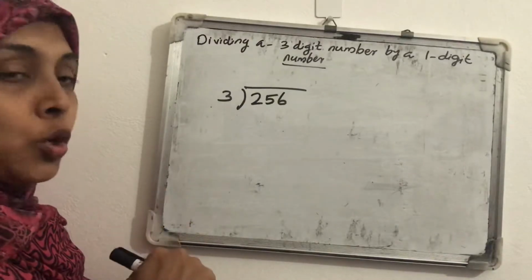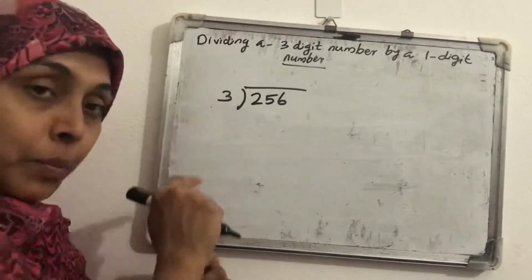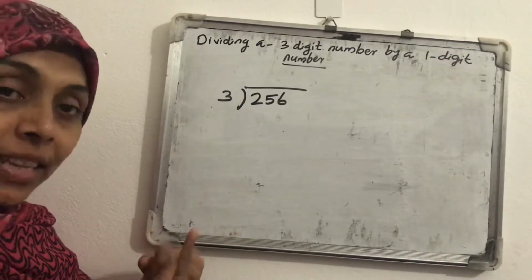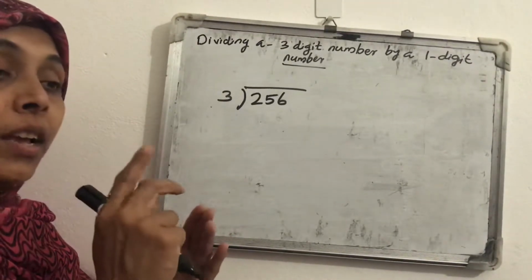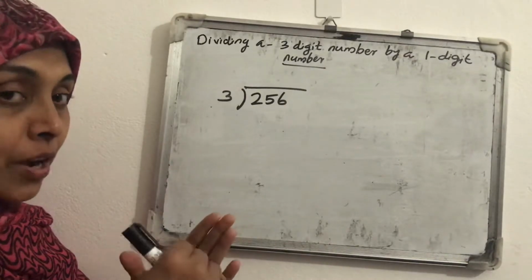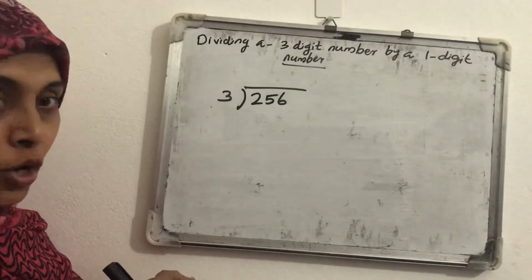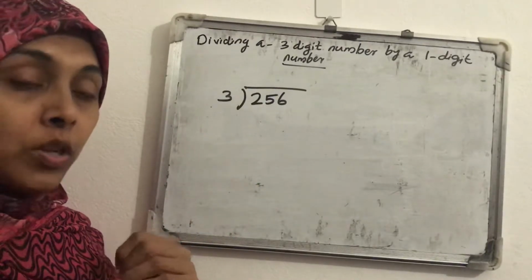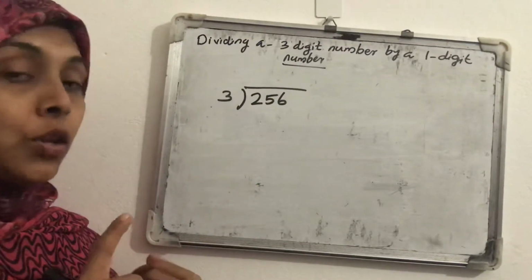If division 2 divided by 3 is not possible because 2 is less than 3, okay, only a bigger number can be divided by a smaller number. That's the only possibility. So here 2 divided by 3 is not possible because 3 is greater than 2.